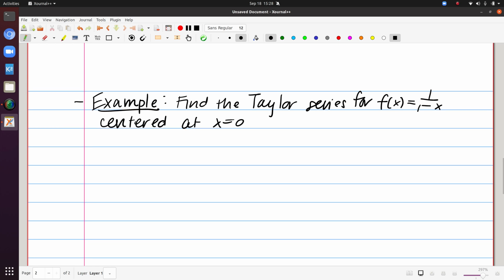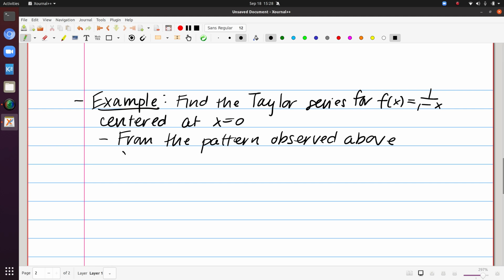So we've already found several derivatives, and from the pattern observed above, we can try to write what we think the kth derivative of this function at 0 would be.